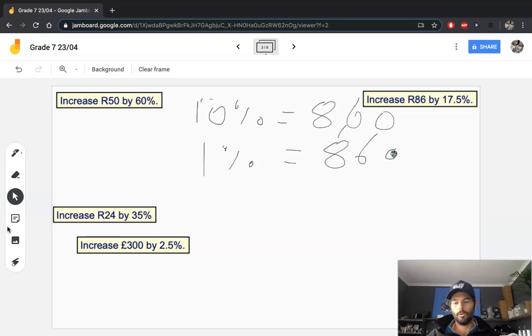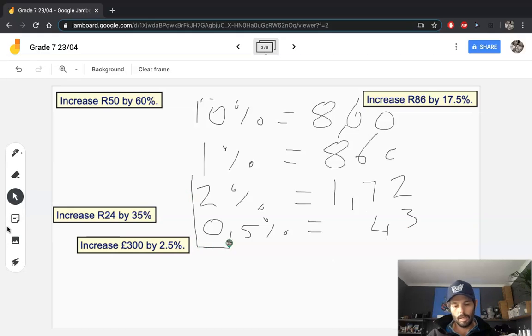Therefore, 2% is going to equal 86 times 2, which is 1 Rand 72. If 1% is 86 cents, then 0.5% is going to be half of that, so 43 cents. Okay, and now to get my 2.5%, I just need to add these two amounts up. Okay, and if you add those up, you're going to get 2 Rand 15.